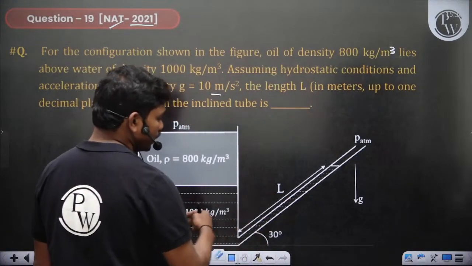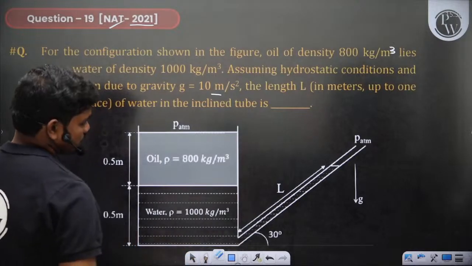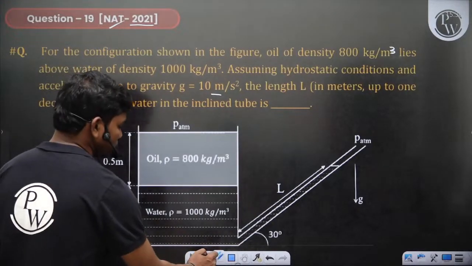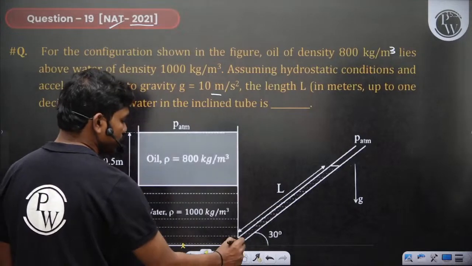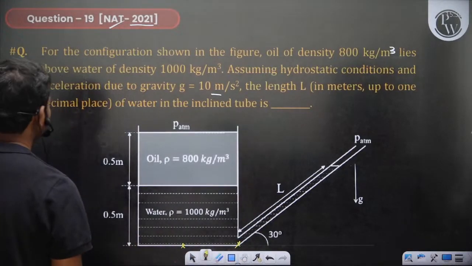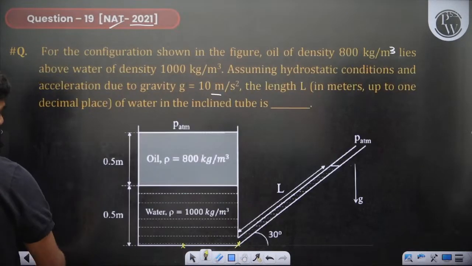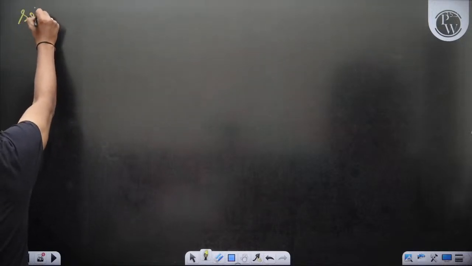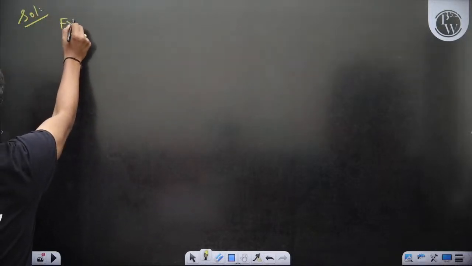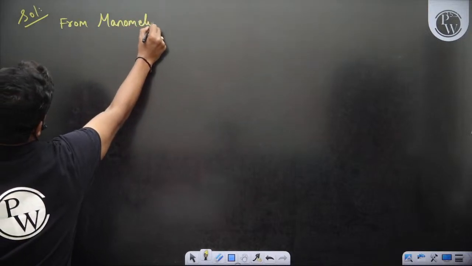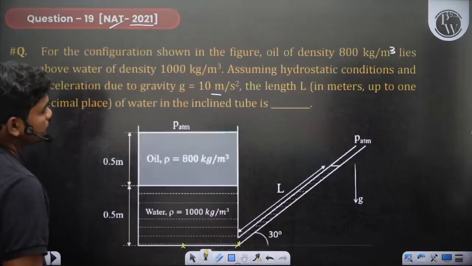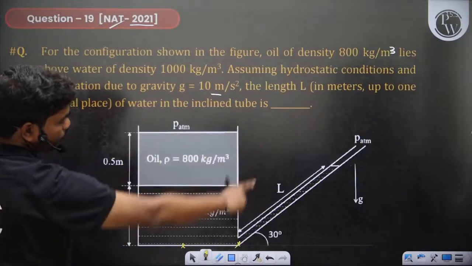L is the full length, okay, the total length. So if you equate the pressure at this point and also at this point, so let's see. From manometry, here this is PATM and that's also PATM.